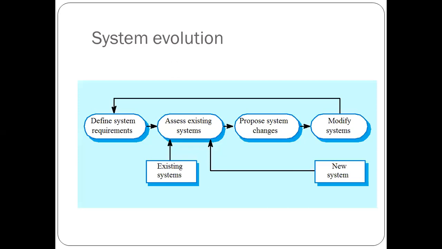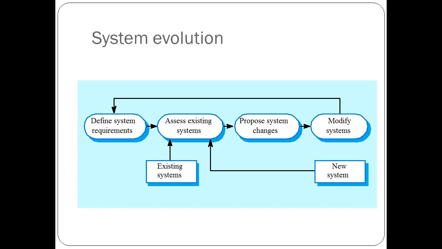Now here we can see how the system is evaluated, the system evaluation. In this block diagram we can see again the basic criteria is the same. First we must be aware why the system requirement, what is the system requirement, define system requirements, assess existing systems. Currently, what type of criteria are we using?